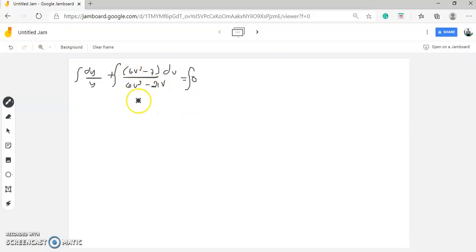If I differentiate this denominator, will I arrive at a form similar to my numerator? Yes, therefore we are trying to do logarithmic. Those are the things you need to remember.